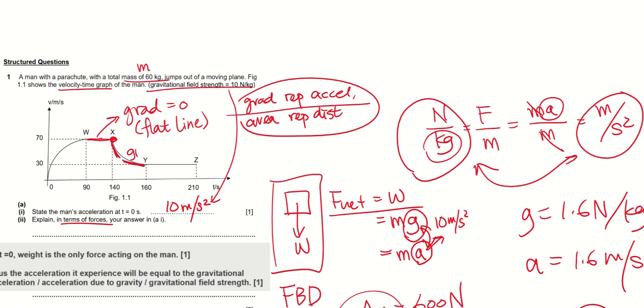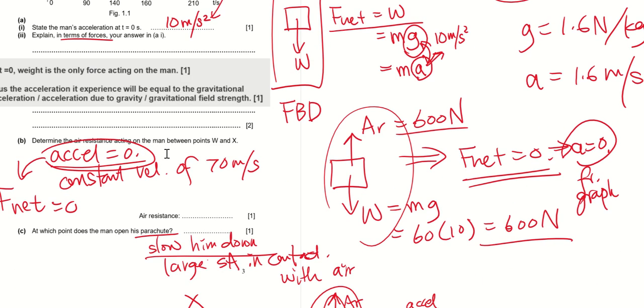The gradient is decreasing. If the gradient is decreasing, that means the acceleration is decreasing. But mind you, this is a negative gradient, so it is a deceleration. So the gradient is decreasing, so it is decreasing deceleration.